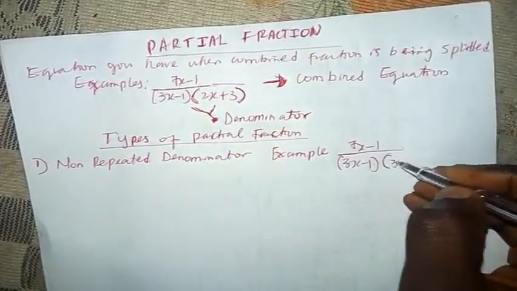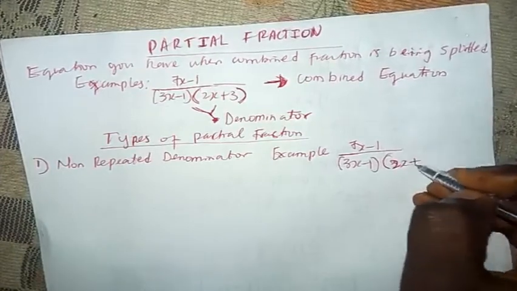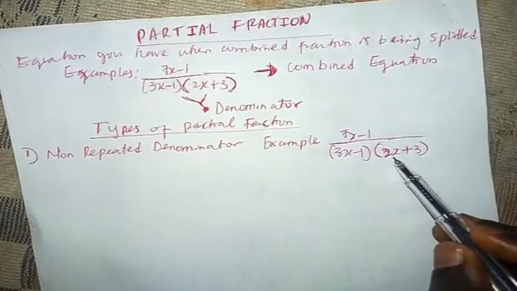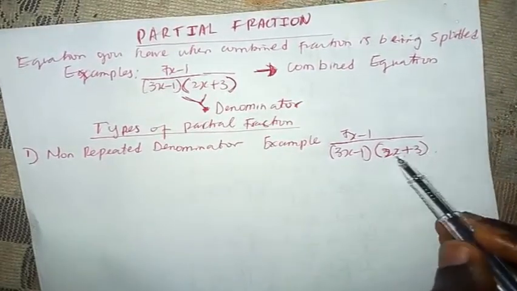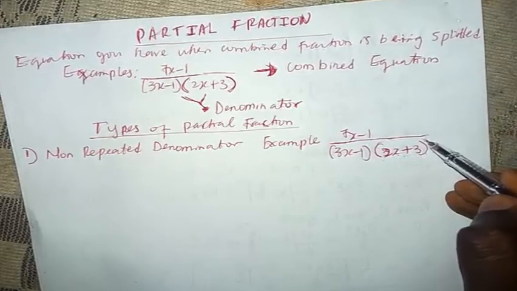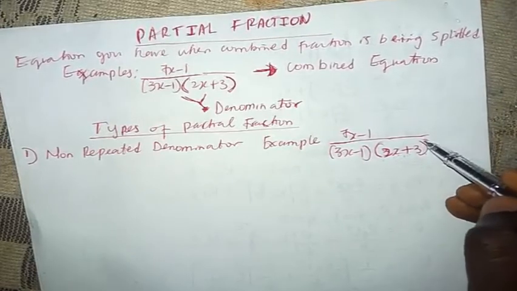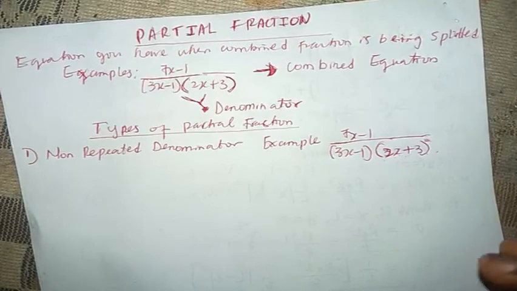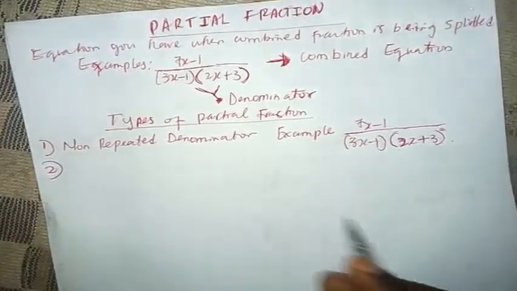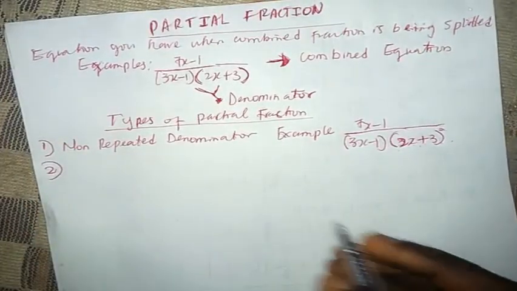If you have something that has a square here, that one is a repeated denominator. This one will not be repeated. That is non-repeated denominator.